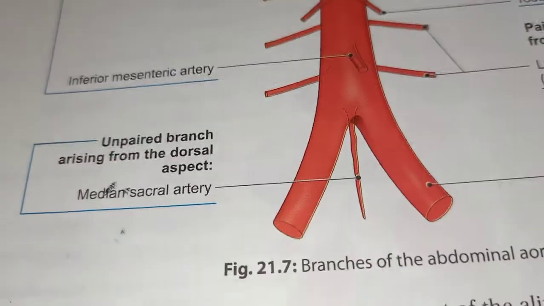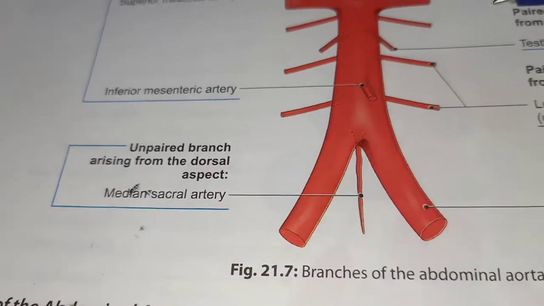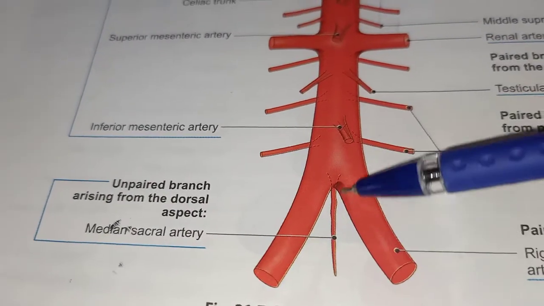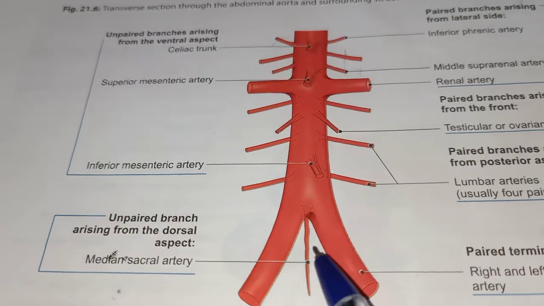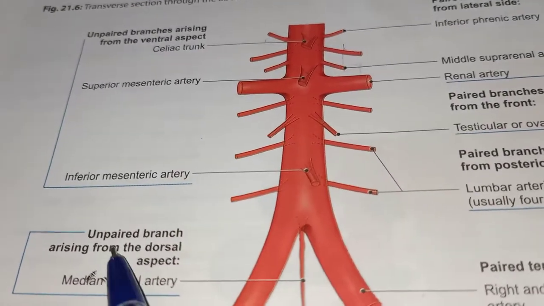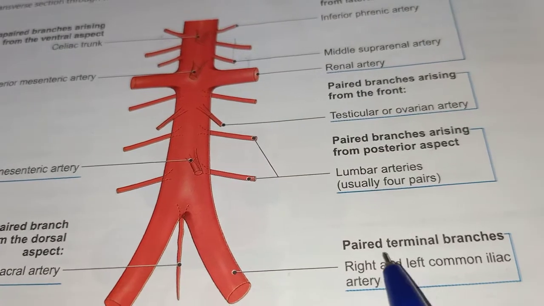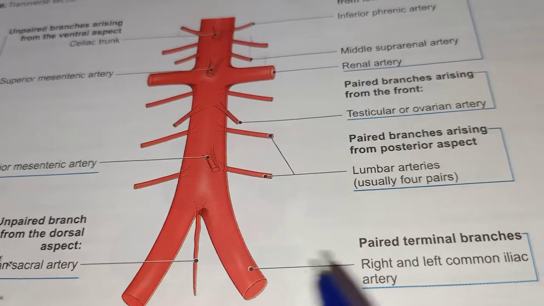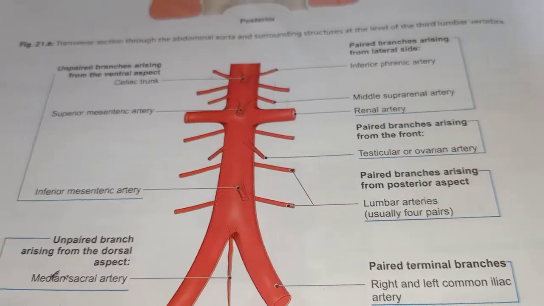If you see this figure, the median sacral artery is arising from the posterior aspect of the abdominal aorta, unpaired, from the dorsal aspect. And these are the terminal branches, the right and left common iliac arteries.